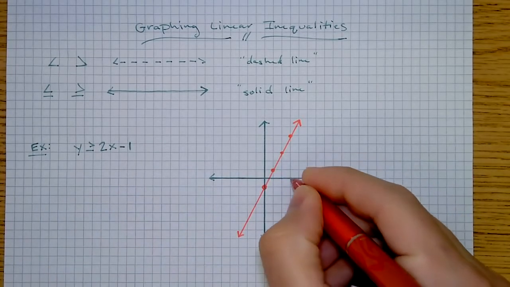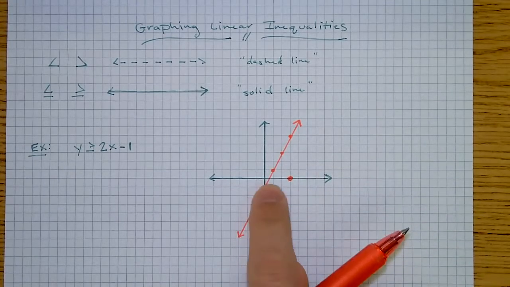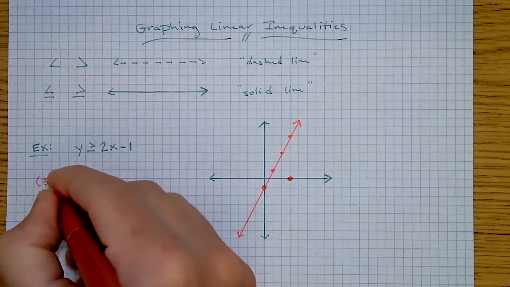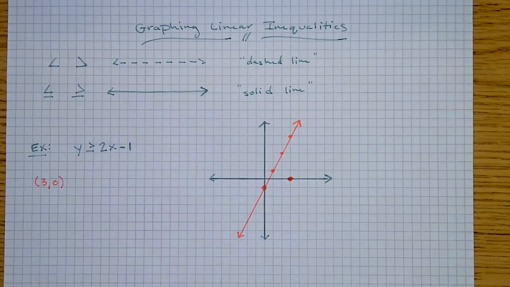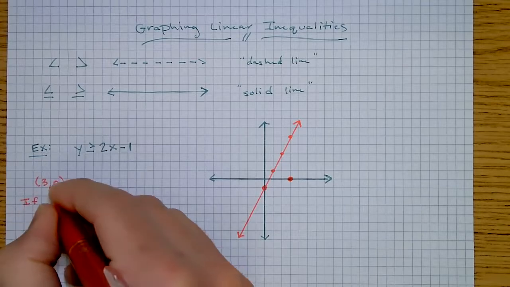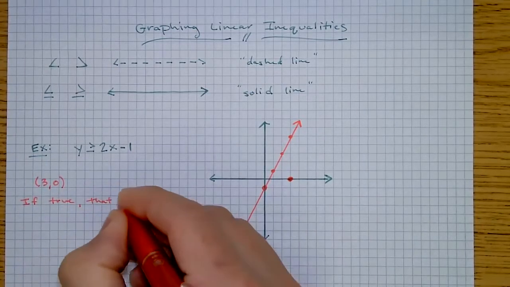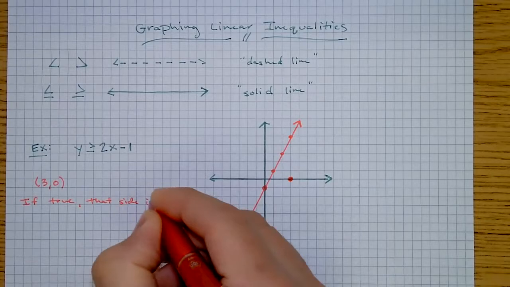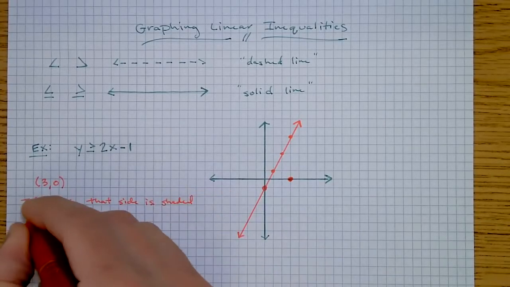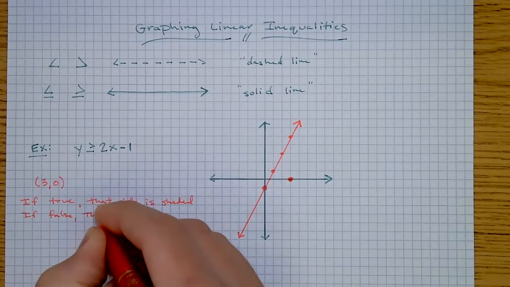So let's say I pick this point right here, 3, 0. If true, that side is shaded. If false, that side is not.